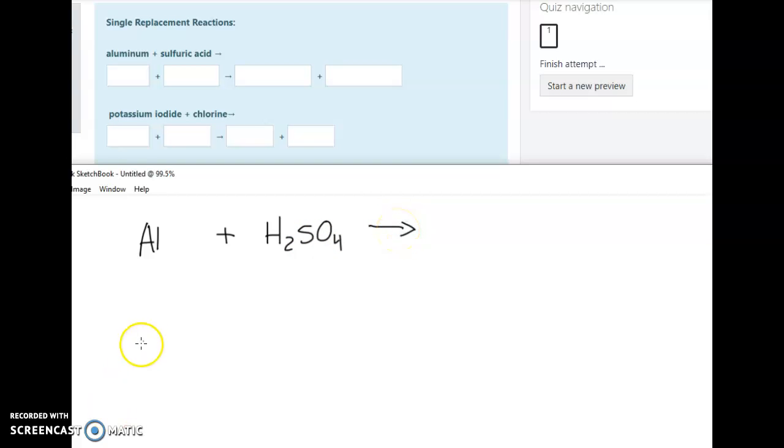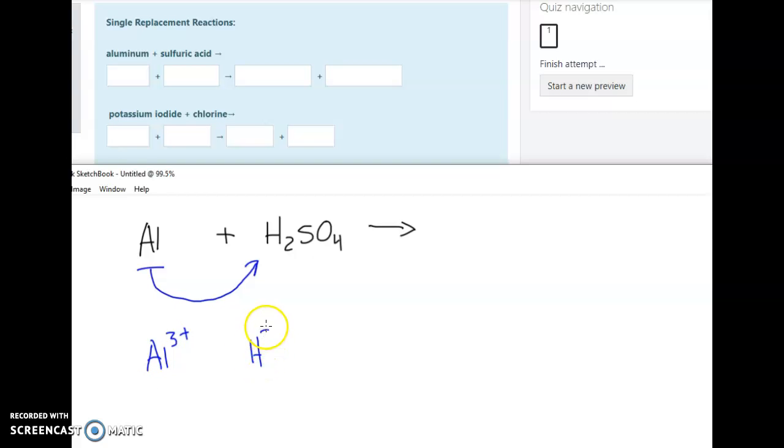In a single replacement reaction, an element, aluminum, will replace something that's in a compound. And the only thing aluminum can replace is another atom that has a similar charge. In this case, it's going to be hydrogen. So we're going to see that aluminum, which is a +3 charge, will react.